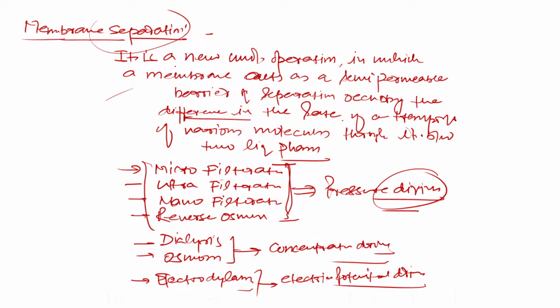Membrane separation and filtration. Filtration basically removes larger particles, while membrane separation is used for smaller size particles. You can't use filtration to remove molecules of liquids.